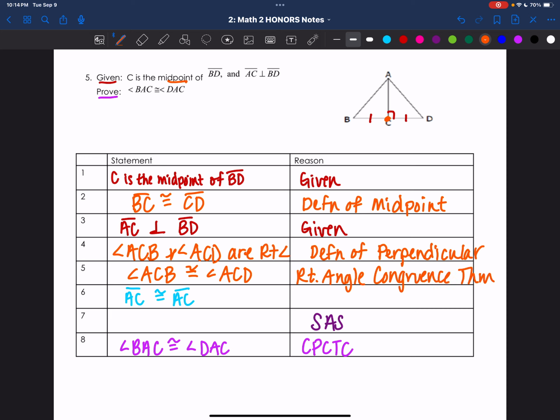All right, now let's look at information that we can find. So this is information that we can determine, or information found. So information that we found is AC is going to be congruent to itself, and we know that because it's reflexive.